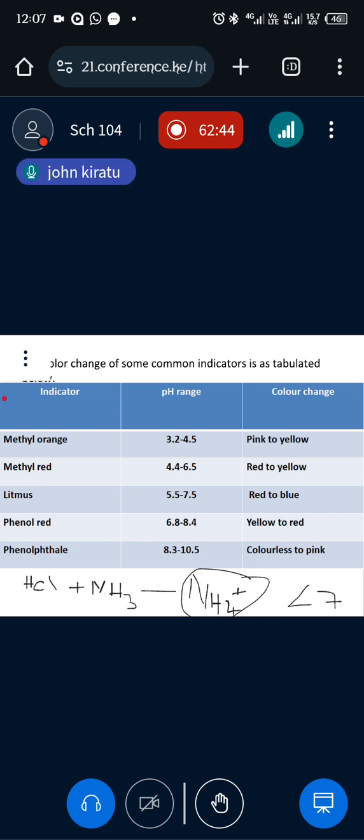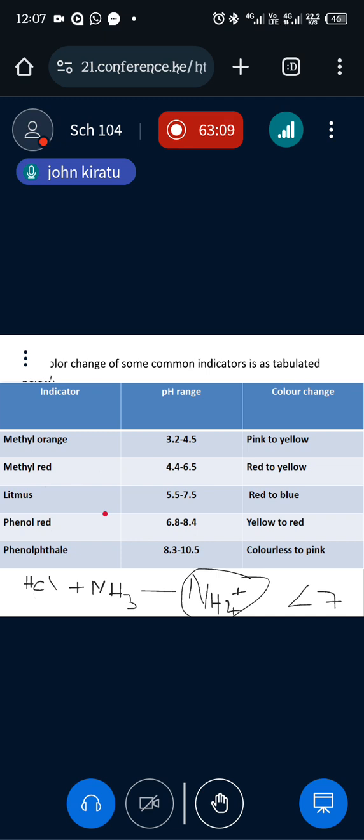So start a poll, and what I want you to write for me is that we have seen that that reaction is giving a basic solution, whose equivalence point is greater than 7. So from this table, can you list all the indicators which can be used for that reaction? So give indicators.